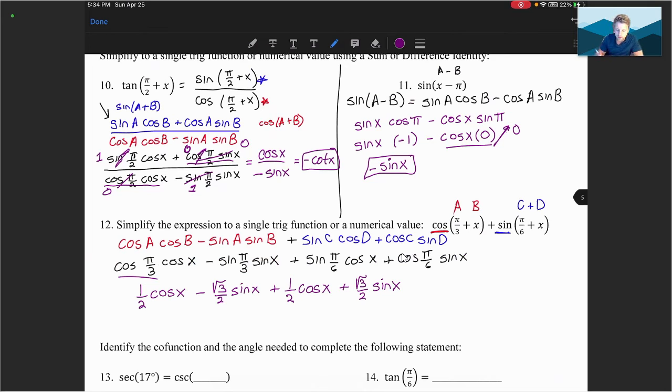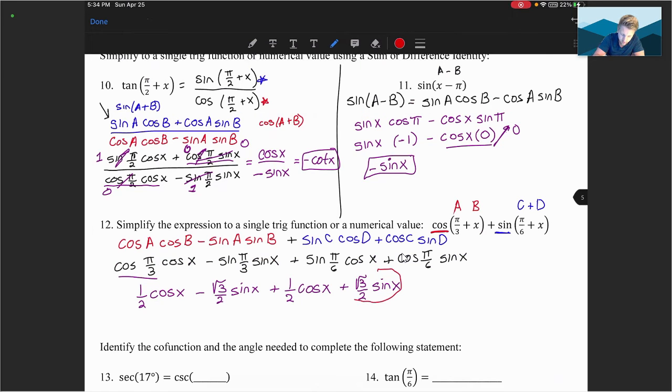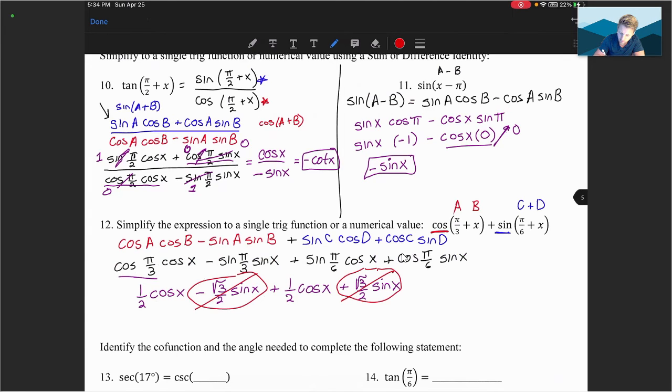All right, we'll notice here that a few items will cancel and we'll be able to add some like terms. So we have our sines. Those are exactly the same other than that minus sign, so these will cancel out to 0. And then 1/2 cosine plus 1/2 cosine, we know that that's going to simplify just down to 1 cosine.